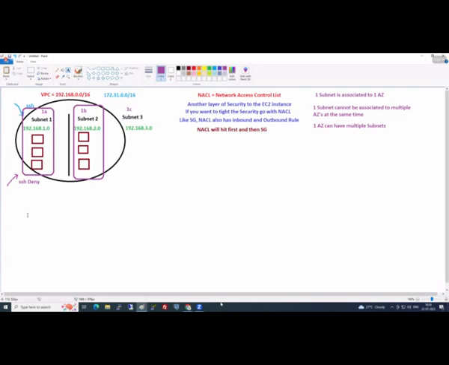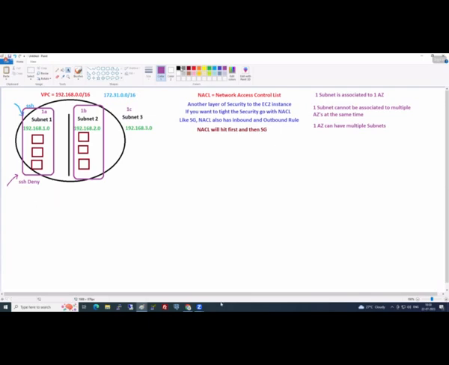Will you go to each and every bedroom and put a lock, or put the lock on the main door? So NACL is like a main door, and the individual locks are security groups. Got it? Excellent.